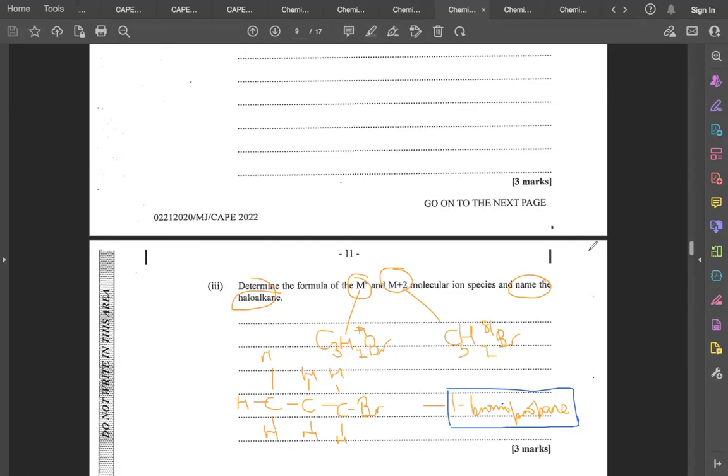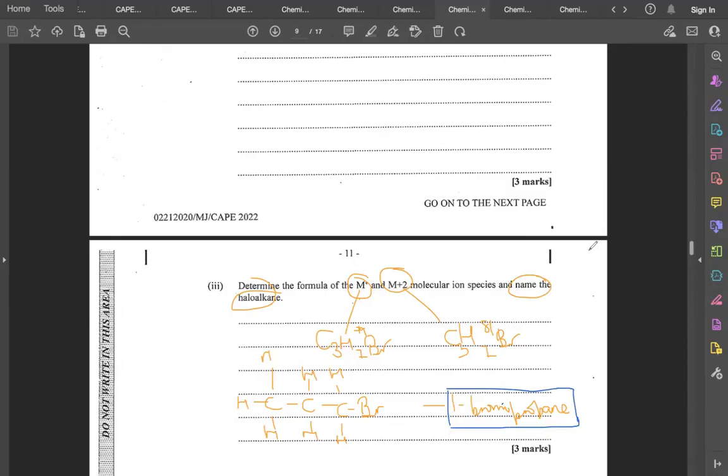And really and truly, the rest of it is just a lot of math, right? Once you figure out what your halogen is, if you're working with a haloalkane, then you will know that the remaining ones are just carbon and hydrogens. And of course, you can just divide out by the mass of the carbon to figure out how many carbons you have, and whatever is left over is hydrogen, and just work from there.